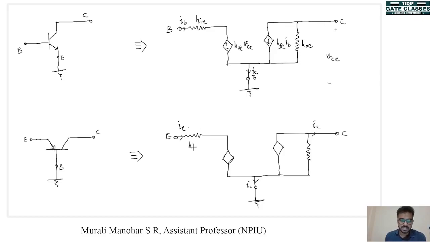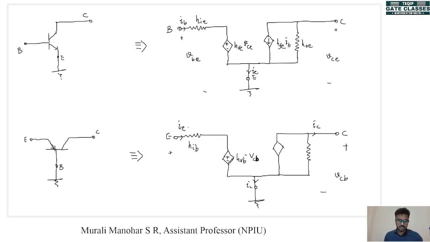Now this is HIB. So here we have HIB into IE drop. This voltage is HRB into VCB, not VCE, because at the output we have VCB. In the first case, the input was here, which is VBE.